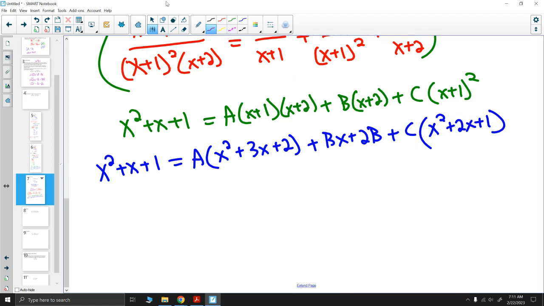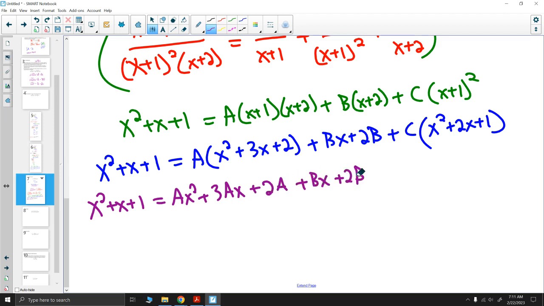Okay, now if we distribute this further, we have x squared plus x plus 1 is equal to ax squared plus 3ax plus 2a plus bx plus 2b plus cx squared plus 2cx plus c.